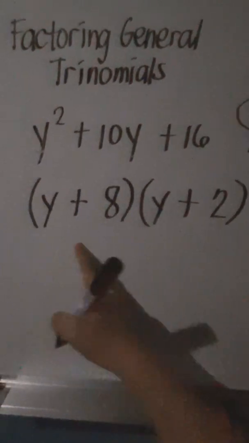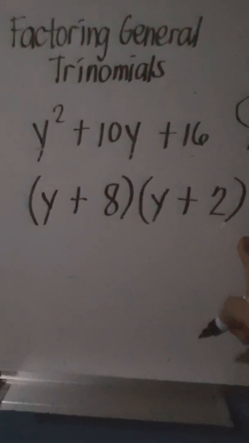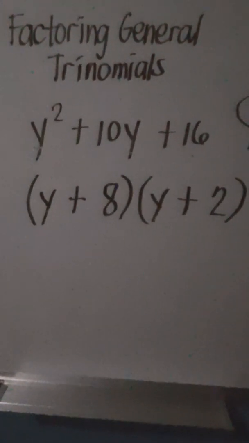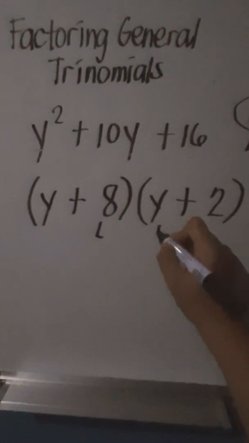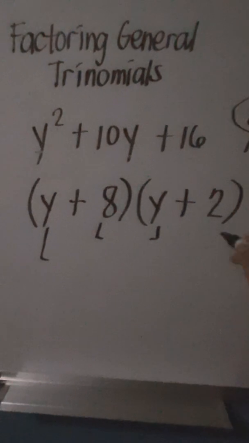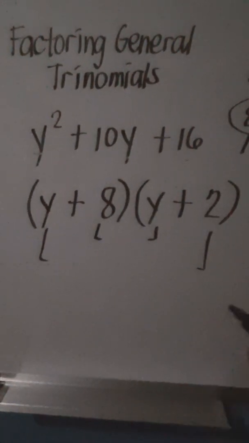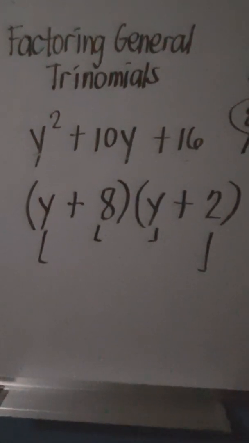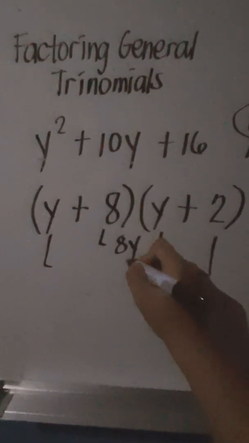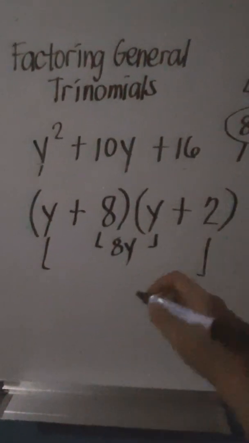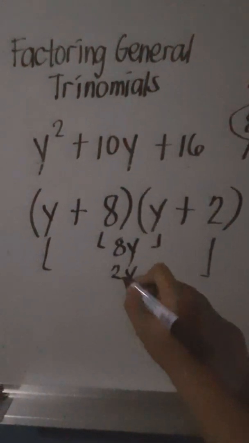How will we know kung sakto ba ni ang ato ang gibuhat na factors? Okay, to check the factors, all we have to do, multiply the inner terms and the outer terms. If you recall in your FOIL method na discussion. So, 8 times y, you get 8y. Y times 2, you get 2y.